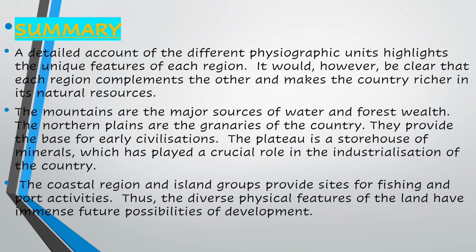The mountains are the major sources of water and forest wealth. The northern plains are the granaries of the country. Why granaries? Because of the alluvium found in the soil that makes it fertile, and due to that, agriculture is always in an emerging manner.